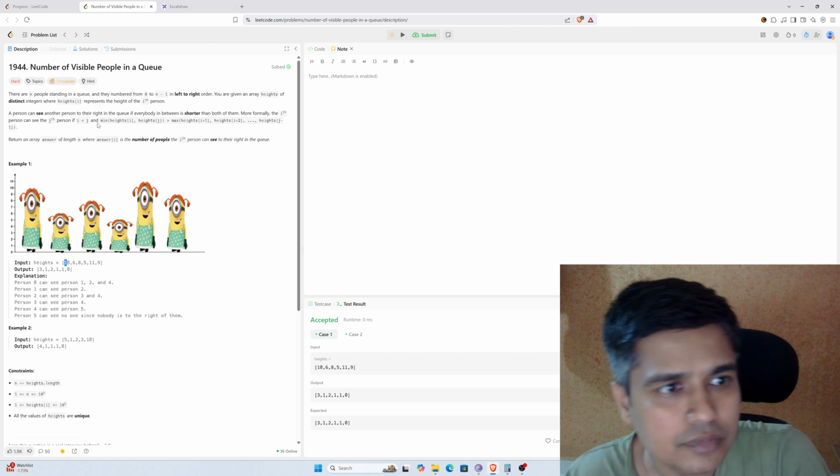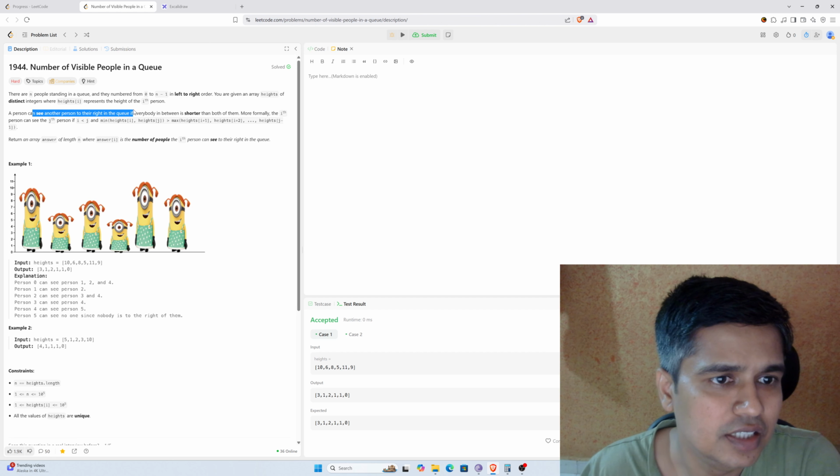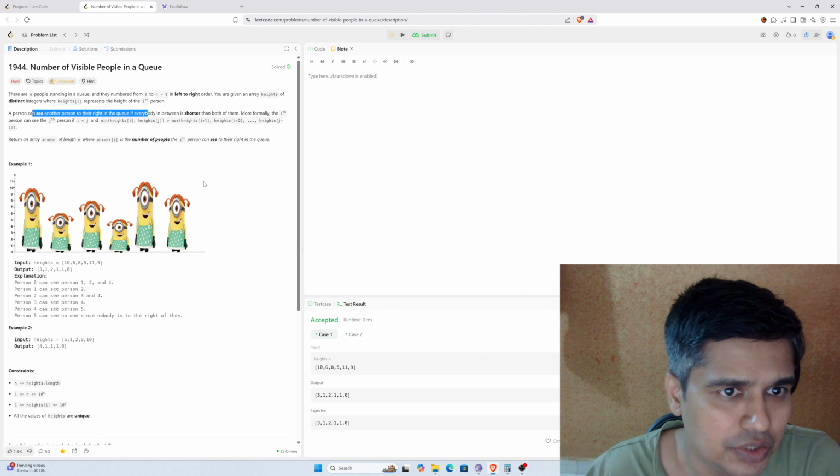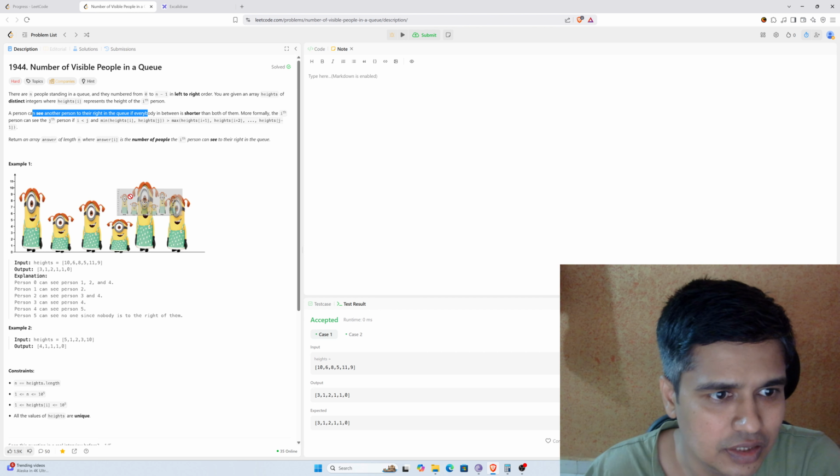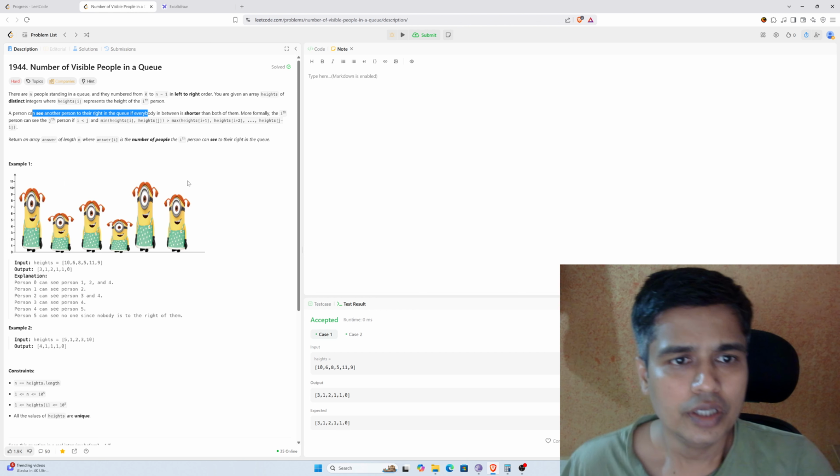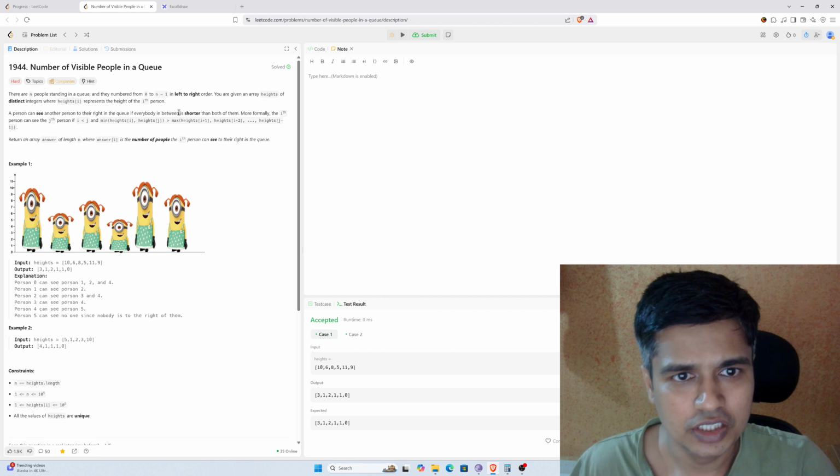A person can see another person to their right in the queue, in this direction, if you can see my cursor movement, if everybody in between is shorter than both of them.